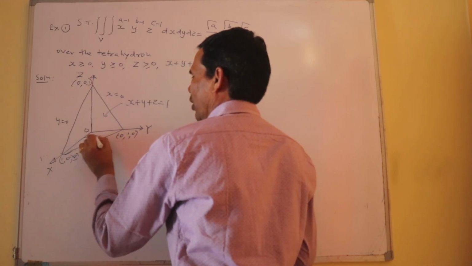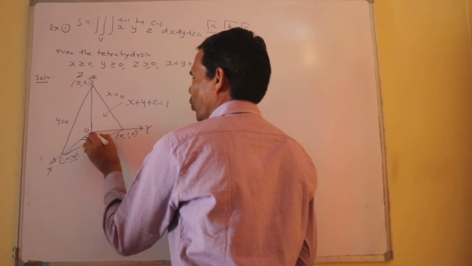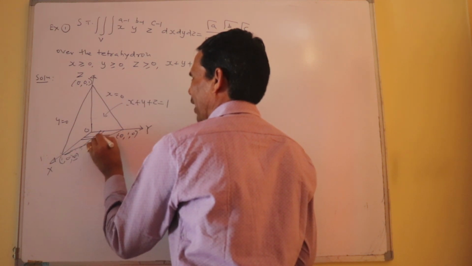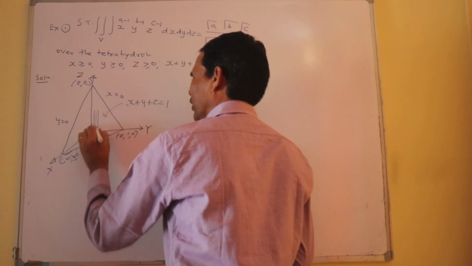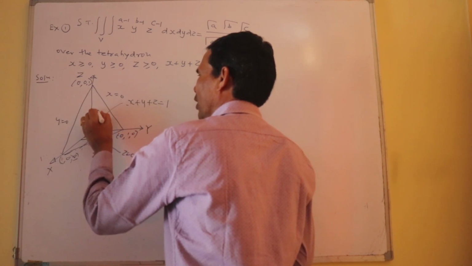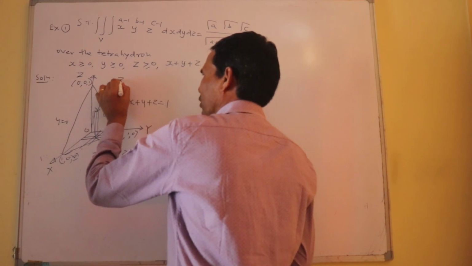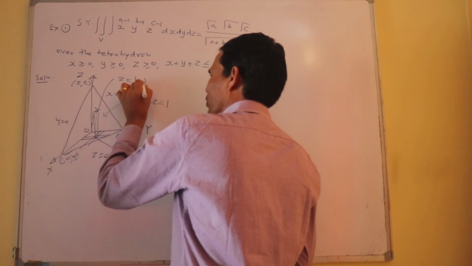Now if you draw a line over here in the XOY plane, parallel to the x and y axes, and erect a rectangular parallelepiped over there, naturally at this particular point z is equal to 0. This is touching the plane, so from this equation z is equal to 1 minus x minus y.